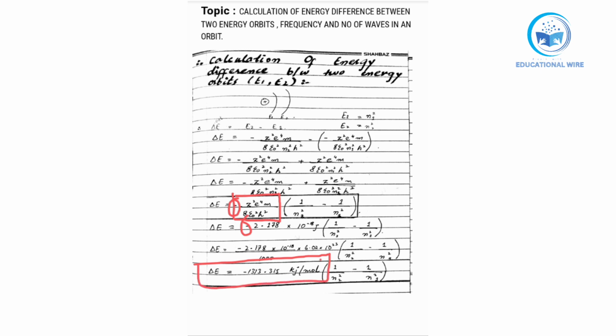And here we have gotten 1 upon n1 squared minus 1 upon n2 squared.